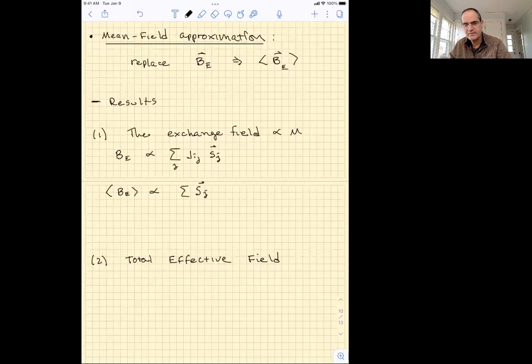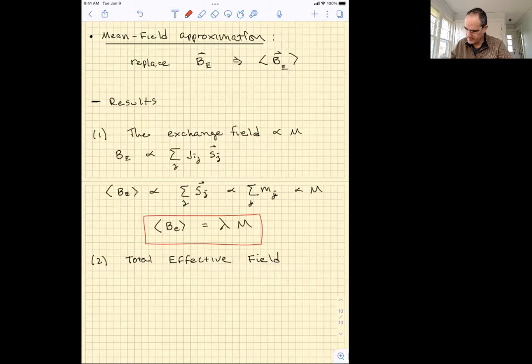It doesn't vary from site to site now. And of course, this is proportional to the sum over all the magnetic moments of the different ions, and that's proportional to the magnetization. So we can say that the average exchange field is equal to a constant, lambda, times the magnetization. And that's kind of at the heart of everything else we're going to say.